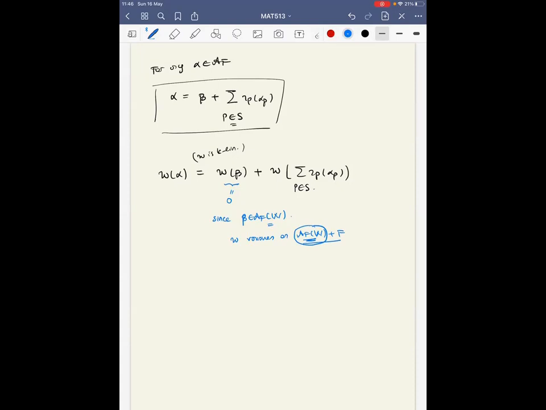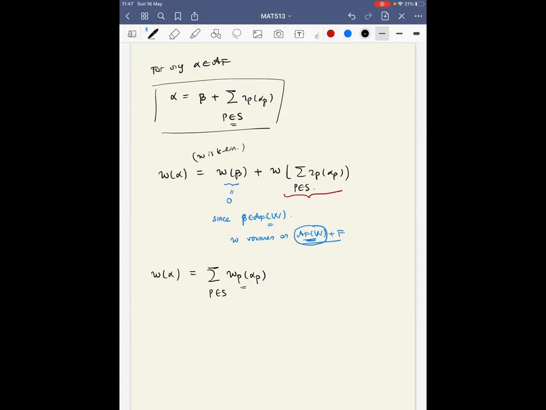And again, by the k-linearity of the Weil differential, indeed we can write this equality in terms of the local components of Weil differentials at given places P. This is just by the definition of the local component of a Weil differential.